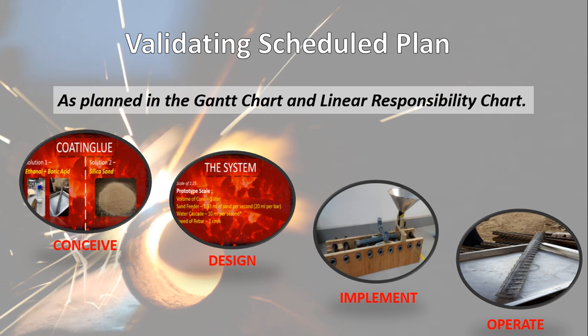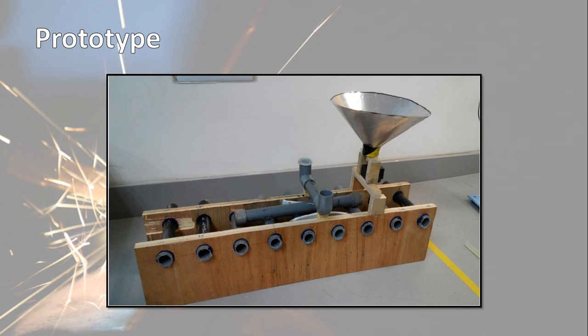After the conceive part, we choose one design, dig deeper into the design, and calculate everything. Next we go to implement, where we build a prototype based on the design. Since this is a factory skill, our implement part will be small scale compared to the factories. Next, we go to the operate. In the operate section, we will do the experiment in the factory to prove that our solution works, and show our prototype from the implement phase.